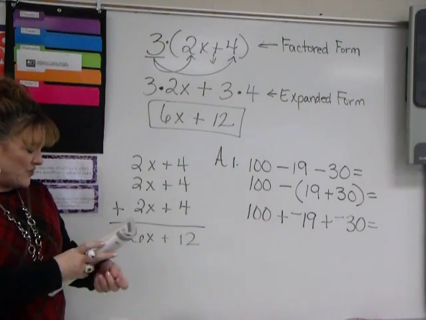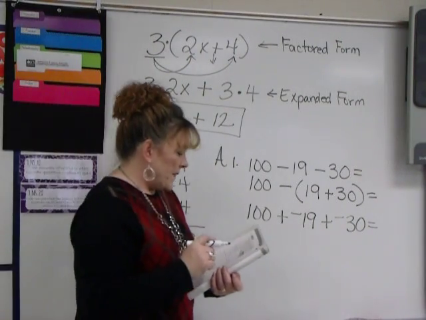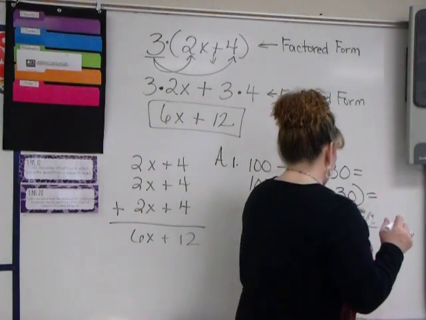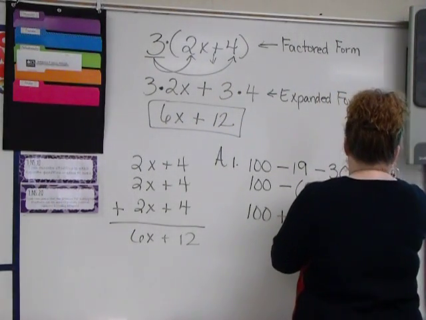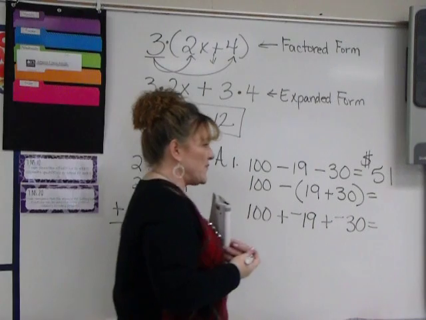So when you actually solved it, it wanted to know how much money does he have left at the end of the week. All of these would have given you a positive $51.